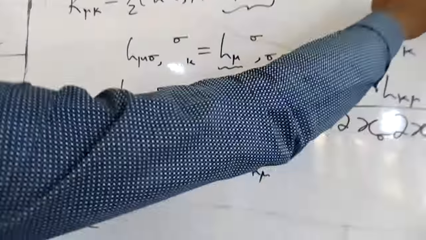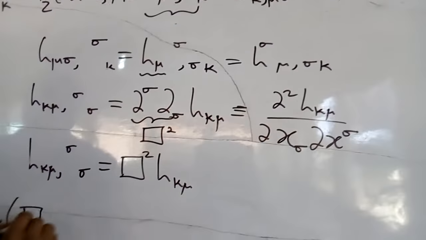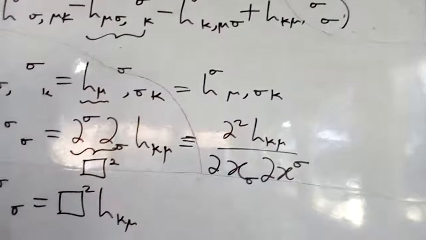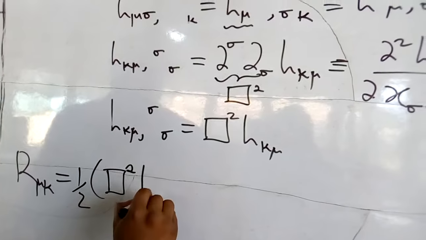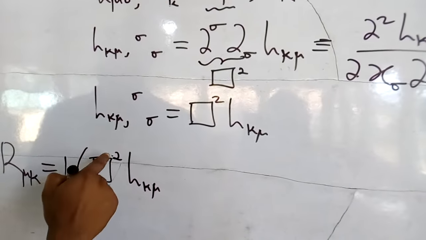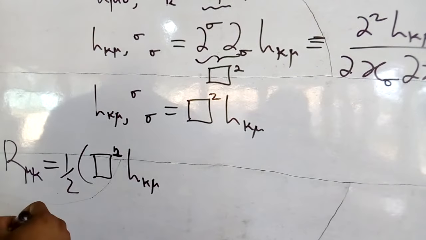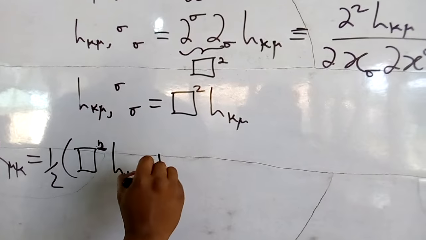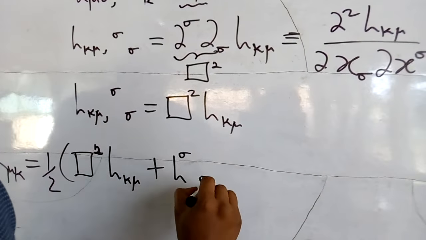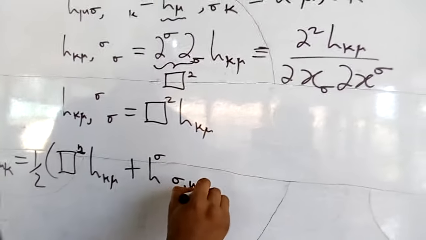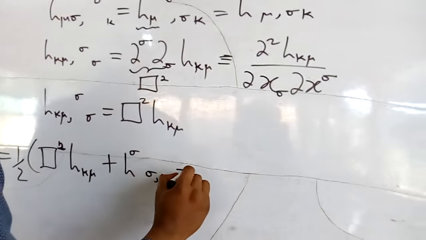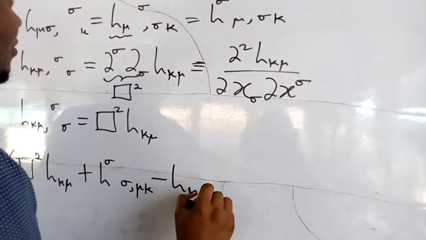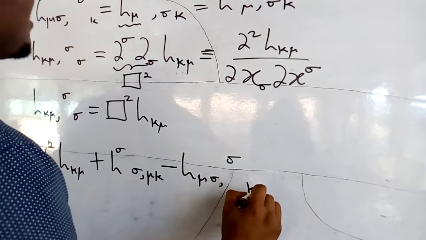Here, I would like to bring this to be the first term. This last term here, which we said is equal to this, h kappa mu. And then again, let me put the negative things last. This is h sigma sigma, comma mu kappa. And then here, minus h mu sigma, comma sigma kappa.